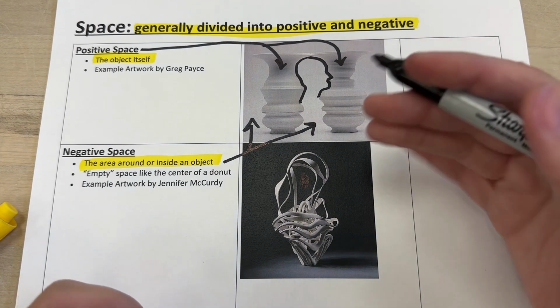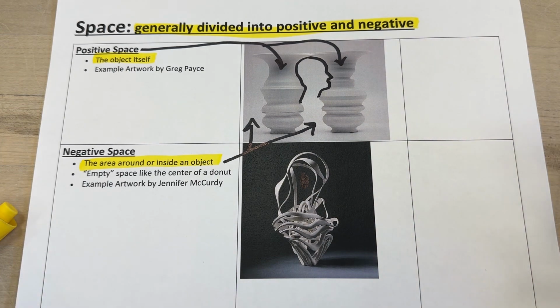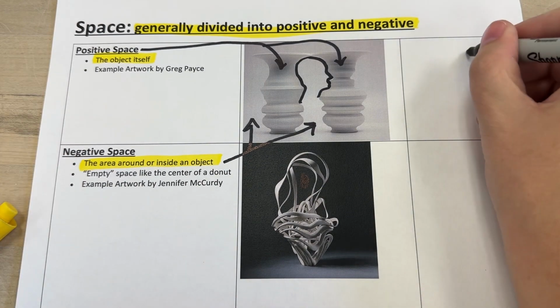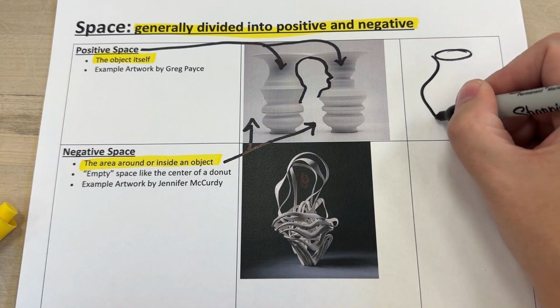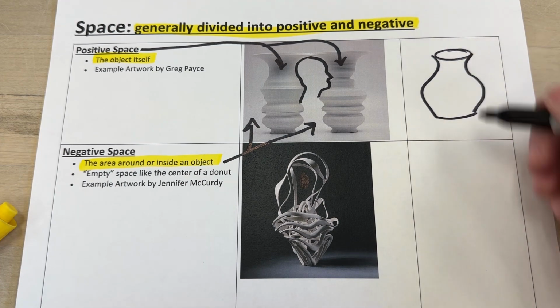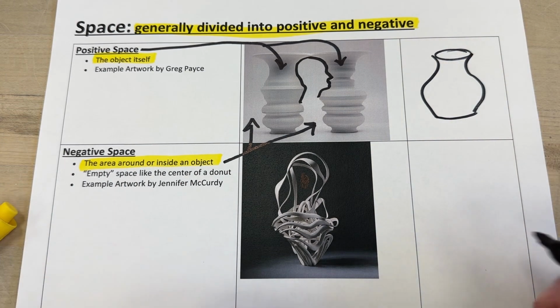So for these ones, I just want you to pick something that you can show positive and negative space. So if you just want to do a simple vase as your positive and say this whole thing is positive space, that's fine.